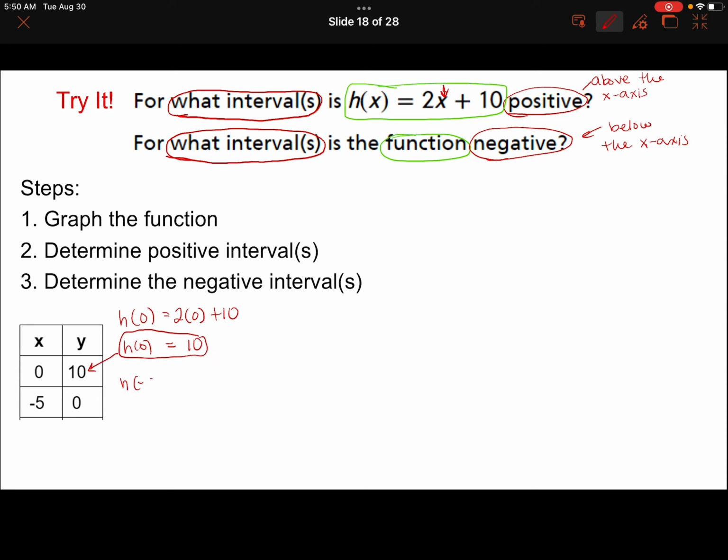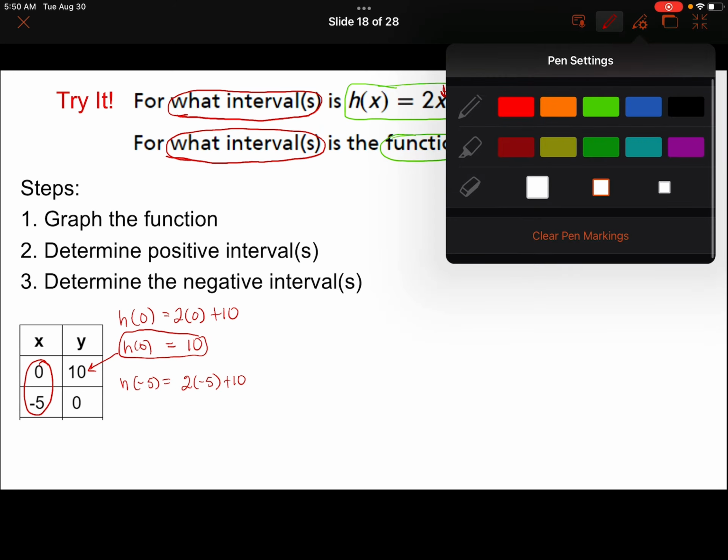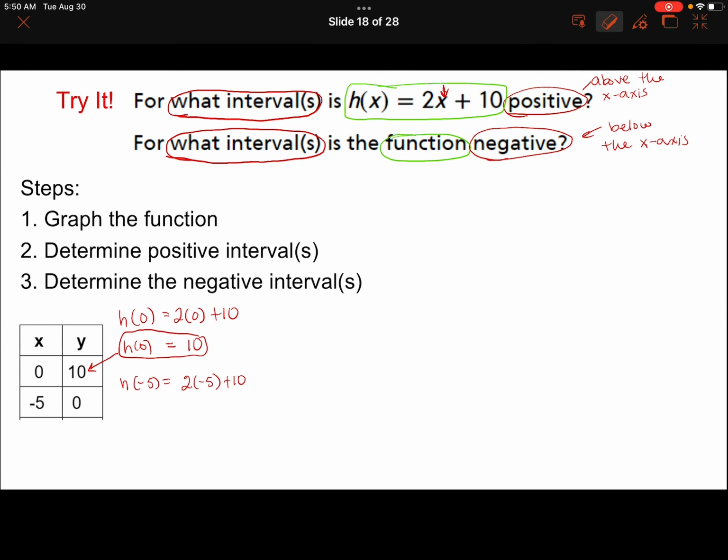Next we have h of negative 5 equals 2 times negative 5 plus 10. For these numbers, it doesn't matter what you choose. This is just an example. Then you're just plugging them in for x.